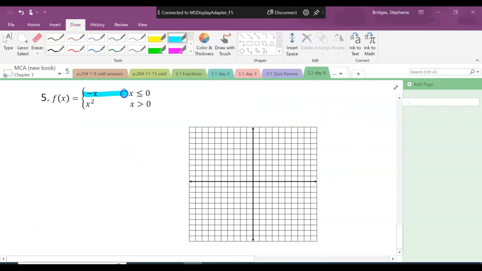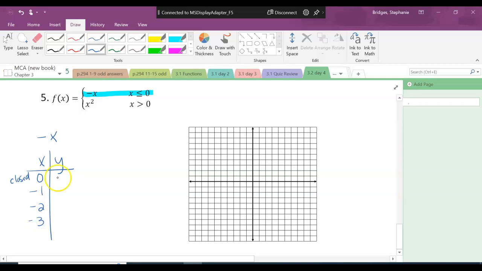My function is -x. My restrictions are going to be numbers that are less than or equal to 0. Remember, your starting point is always the number that's in the inequality, which is what here? 0. Am I going to be open or closed at that point? Closed. And then I need a few numbers. Let's go with 3 that are less than 0: -1, -2, and -3. All right, what does -0 give me? 0.